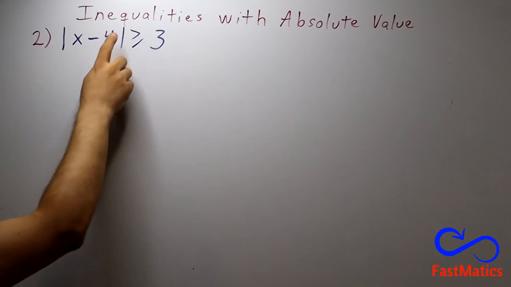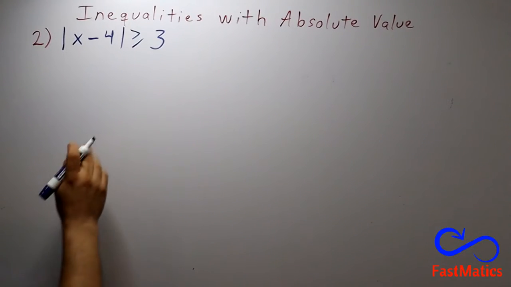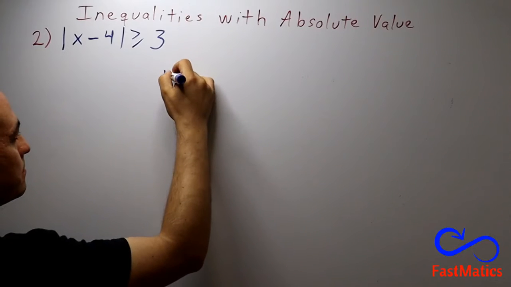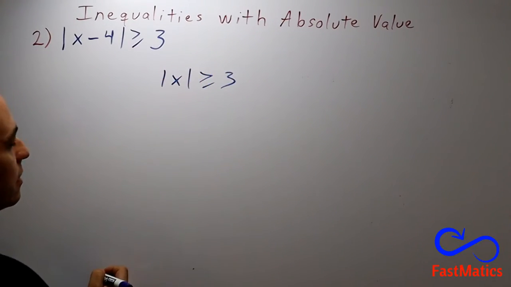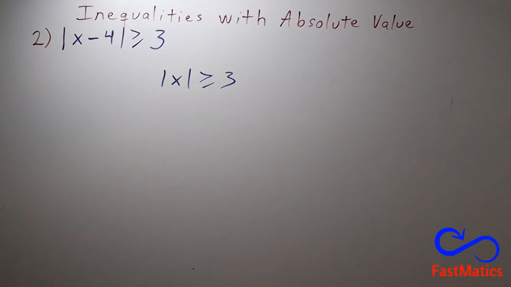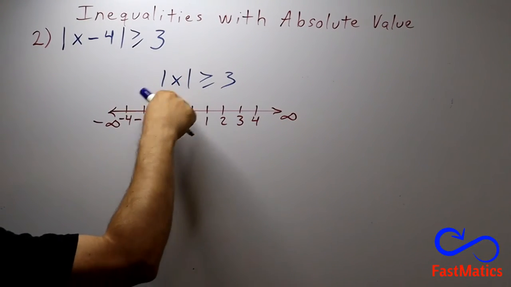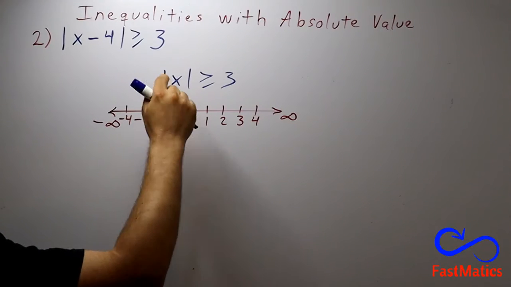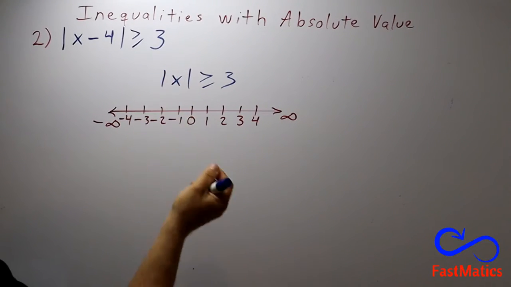So, because it is greater than, we are going to remember what we said in our last video. If we have the absolute value of x greater than or equal to 3, what should we do? Well, an absolute value means that you are not going to consider the sign.